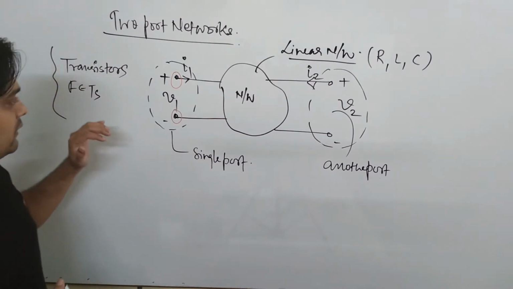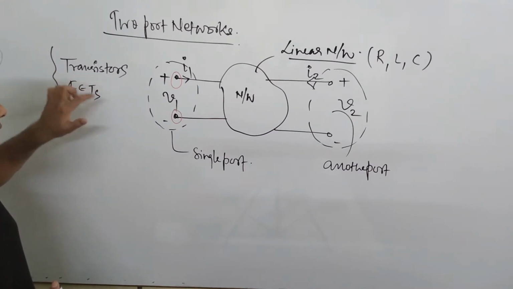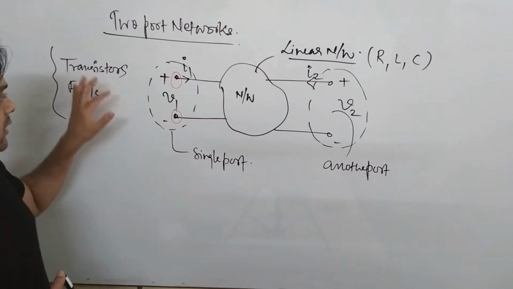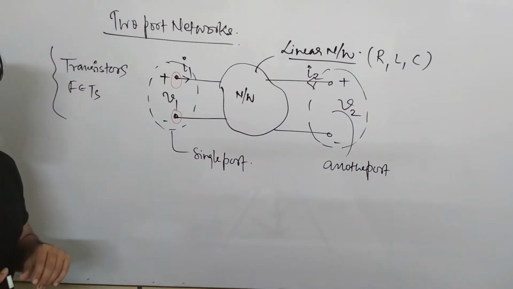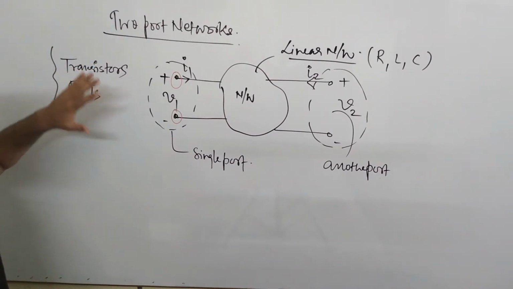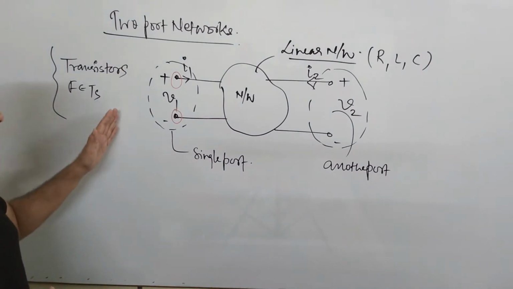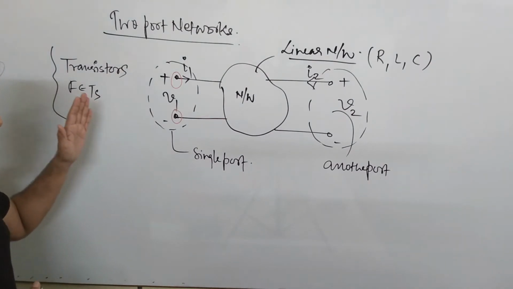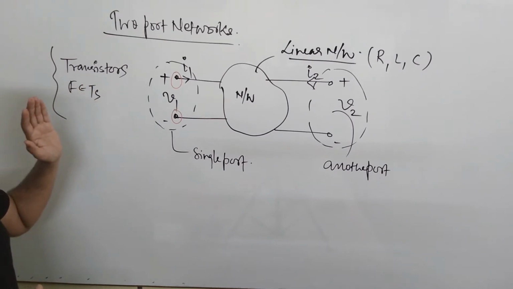When you have to analyze the transistor and FETs, you have to convert the transistor into some model. You have heard about the H model, or H parameter, or hybrid model. So you will convert the transistor into some model and then analyze the entire transistor, because simply analyzing the transistor with the help of its circuit symbol is not possible.